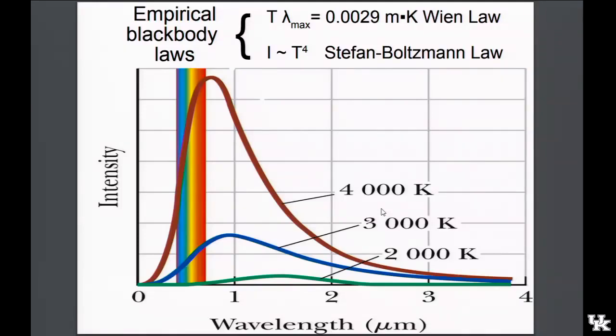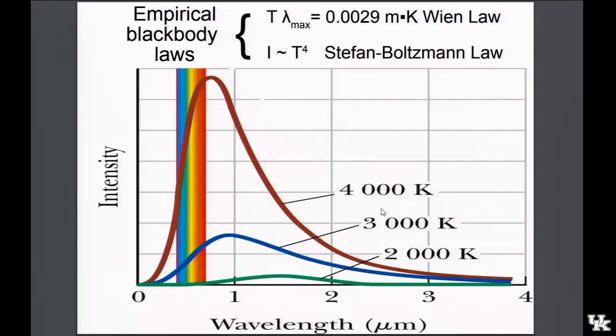That means if you double the temperature, how much does the intensity go up? It's 2 times 2, that's 4, times another 2, that's 8, times another 2, that's 16 times. You're going to get 16 times the intensity if you go from 2,000 Kelvin to 4,000 Kelvin. That's what you see here as you go from the green curve to the brown curve: 16 times more intensity of the light. That's what we saw with the lamp here. Turn the current up, turn the temperature up, and it got a lot brighter.